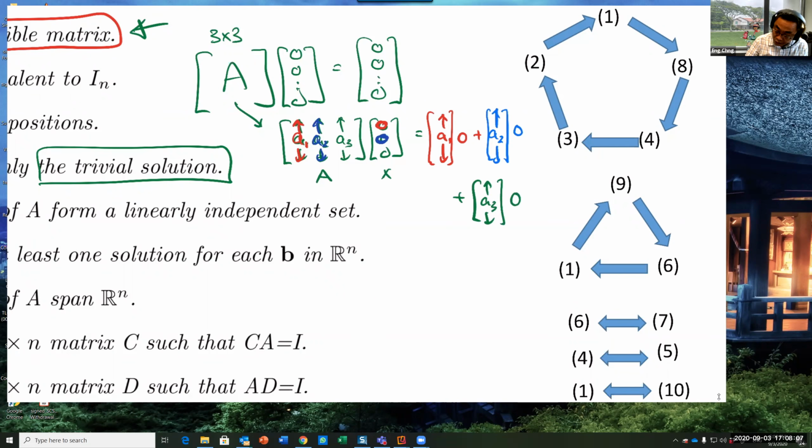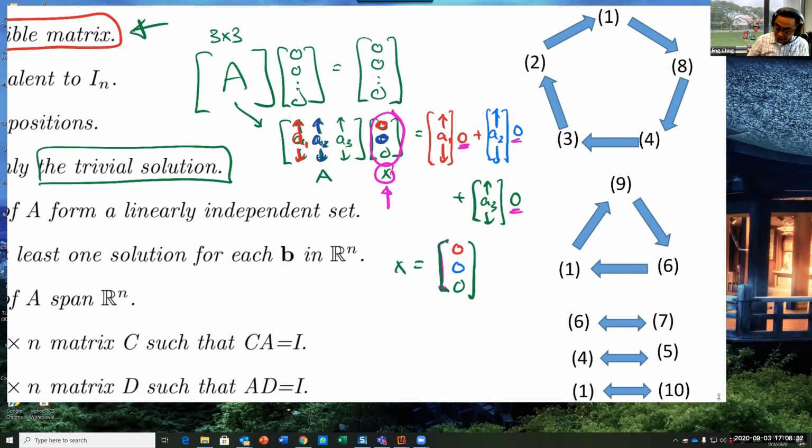The trivial solution he's talking about is this: the 3 elements must be 0. So it's this, this, this in this order, the red, the blue, and the green. X must be this.